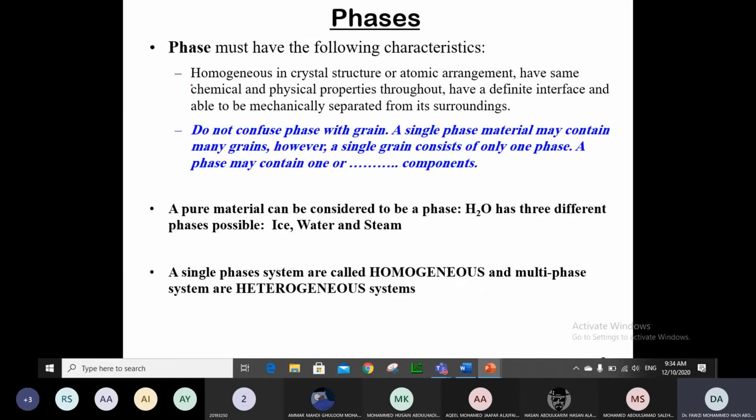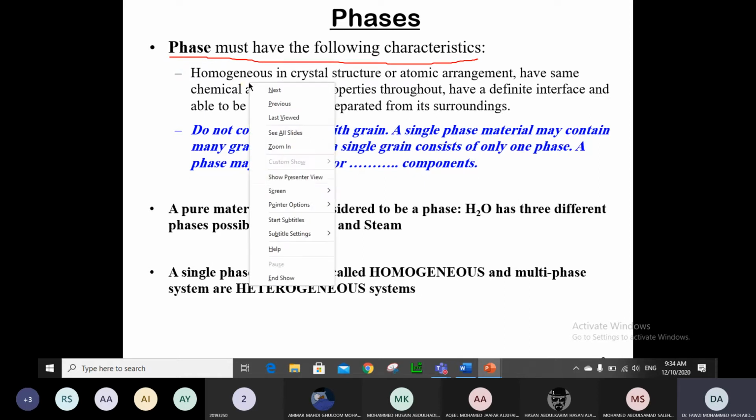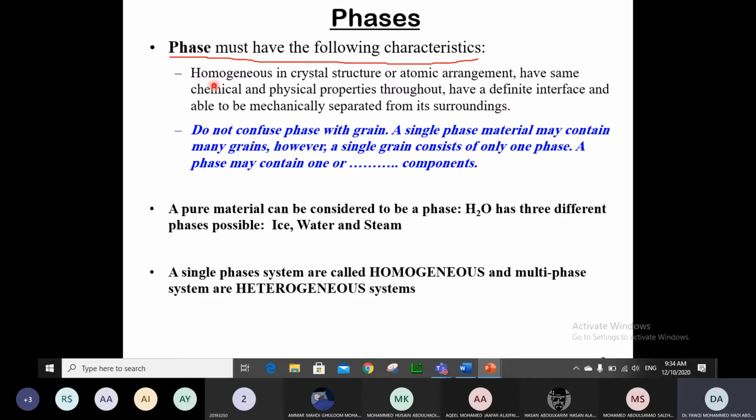Before we go into phase diagrams, we are just going to review what I already said about phases. A phase must have the following characteristics in order to be termed a phase. It is a homogeneous crystal. It is homogeneous in crystal structure or atomic arrangement, because atomic arrangement means the same as crystal structure.